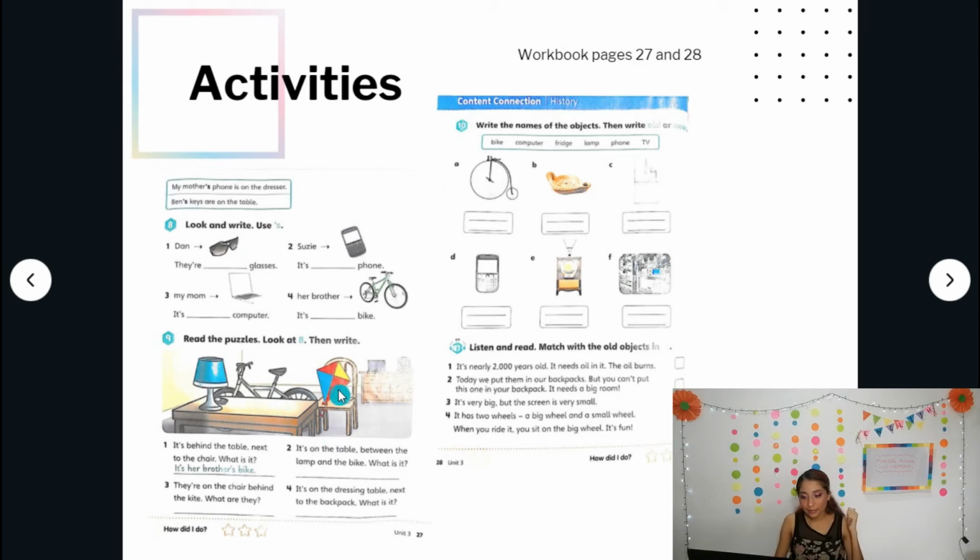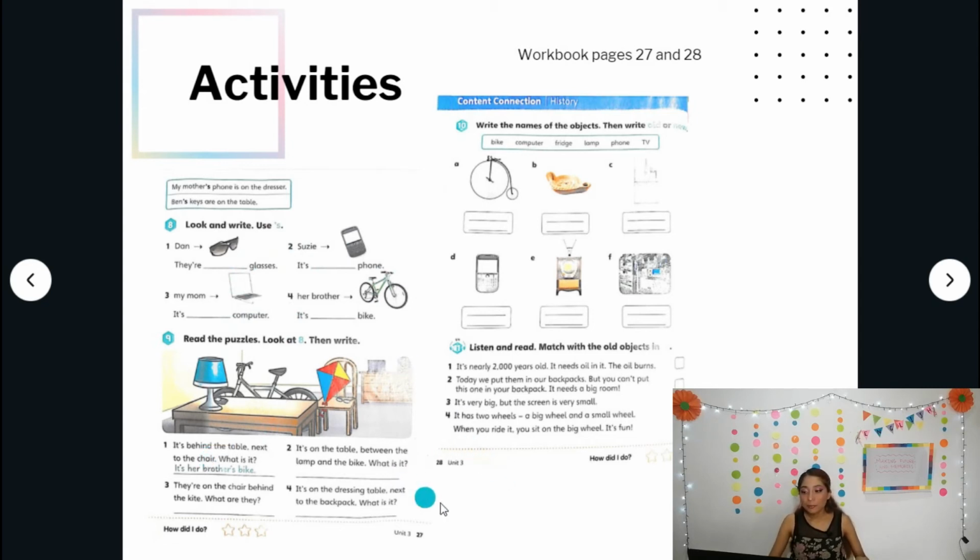This is the kite. What are they? ¿Qué es? Dan's glasses, Susie's phone, or my mom's computer. And number 4, it's on the dressing table. This is the dressing table. Next to the backpack, what is it? And you are going to answer the same way.